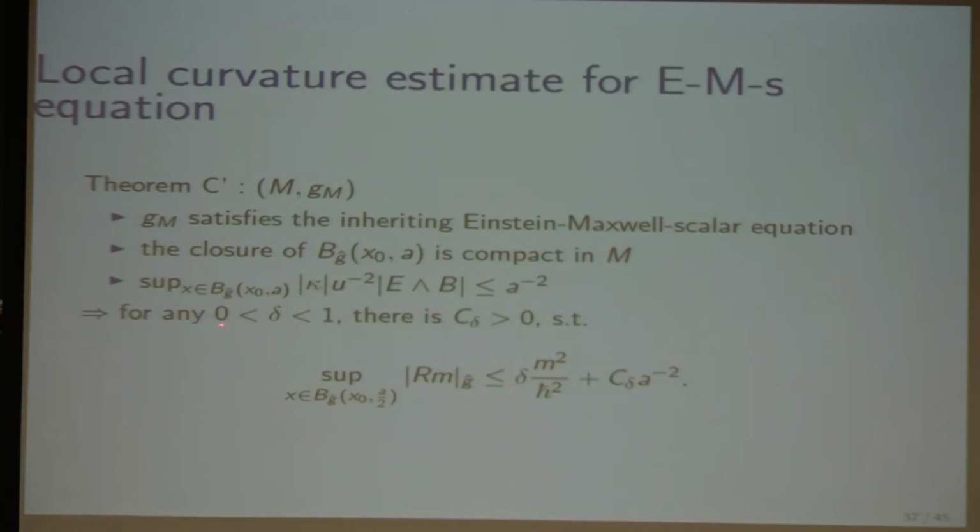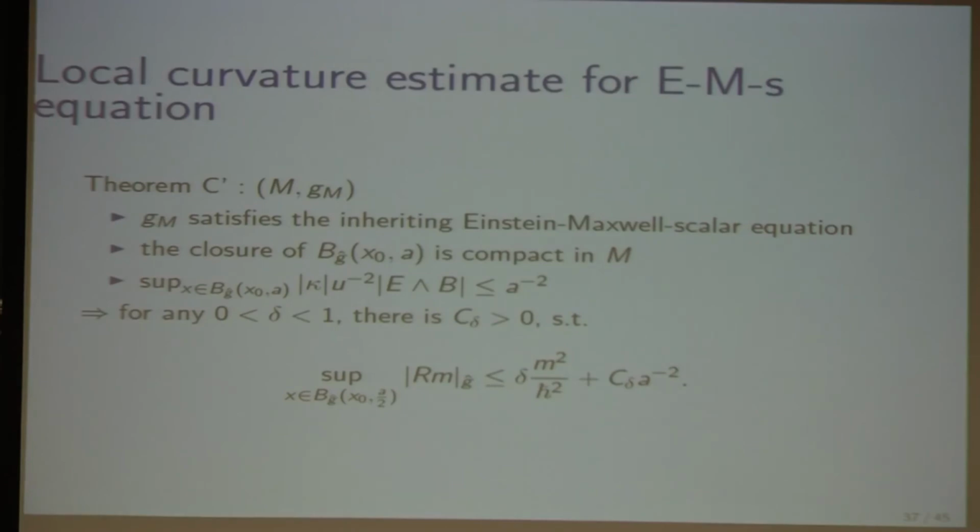Here, the estimate says the following: for any delta, there is a constant c delta depending only on this delta and the dimension. There's only dimension 4 here, and we can control the curvature in terms of the mass of the scalar field and some constant times this one.